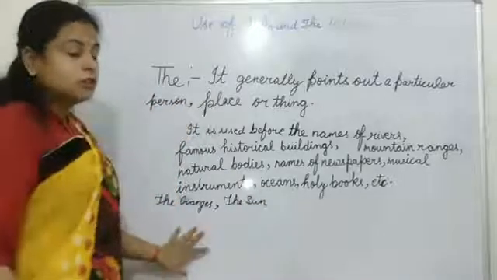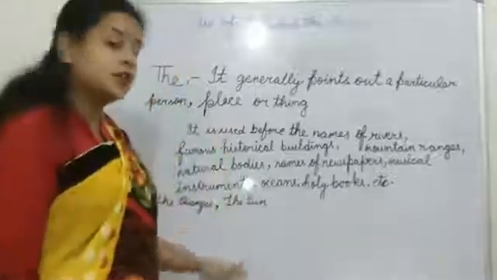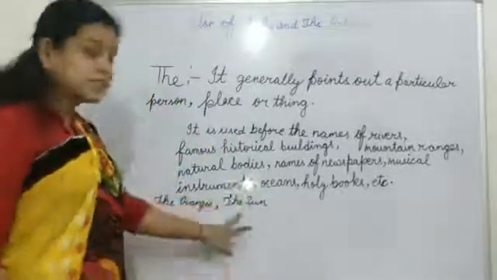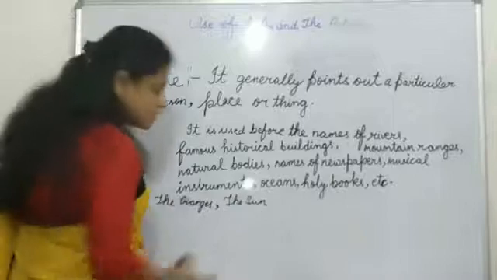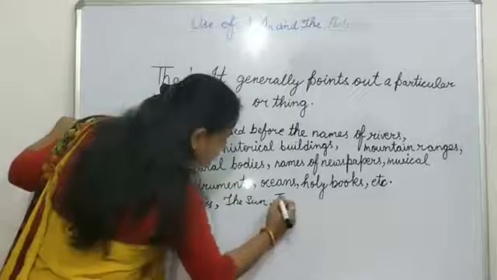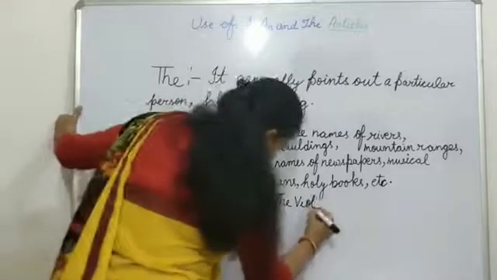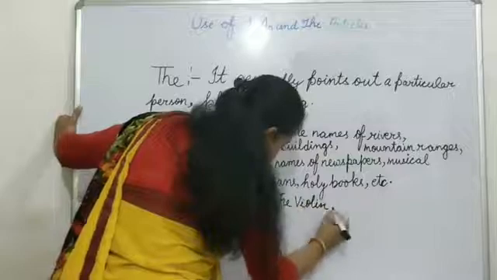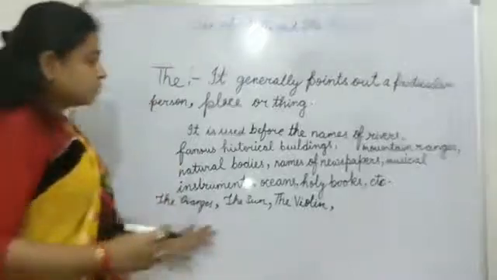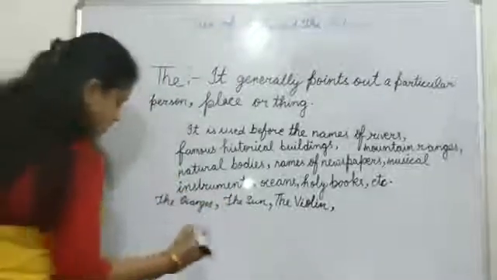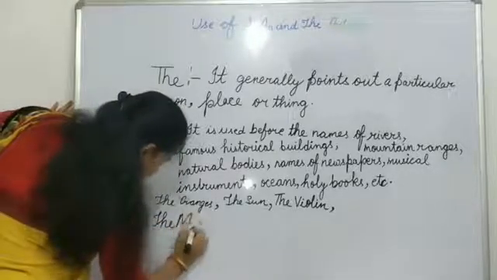Dear children, as you know, there is only one sun in the whole world, so for this we use the. Next, musical instrument: the violin, V-I-O-L-I-N. Next, famous holy book, the Mahabharata or the Gita. So for this we use the Mahabharata.